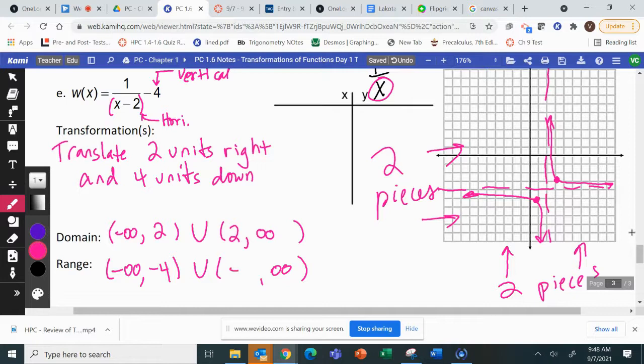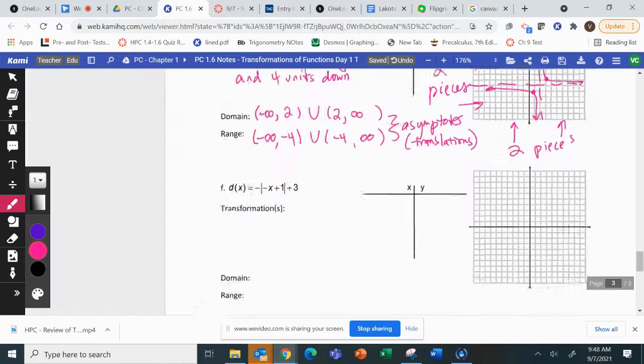And that comes from my asymptotes, which comes from my translations. Normally the asymptotes are at 0, 0, so our transformations are going to move the asymptotes. So that's how you can get your domain and range for that one. It's from the asymptotes, which is the translations.